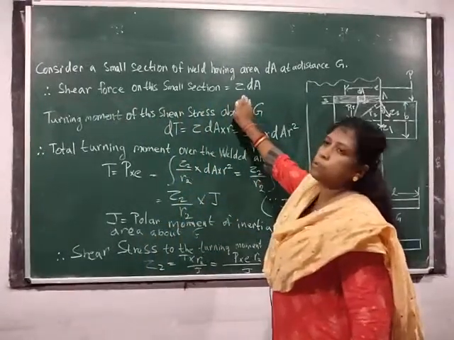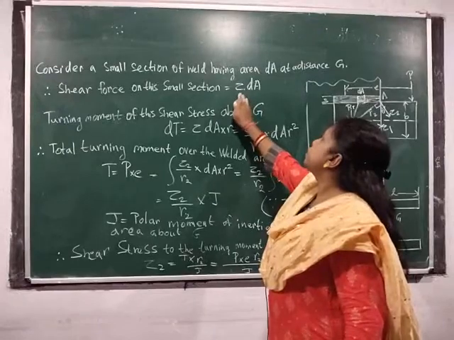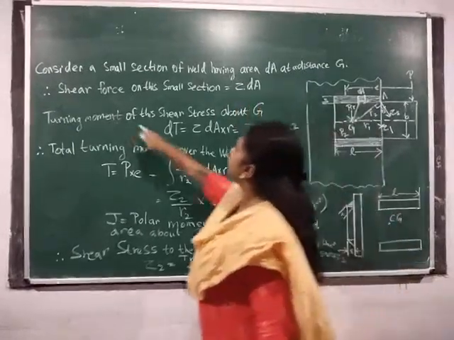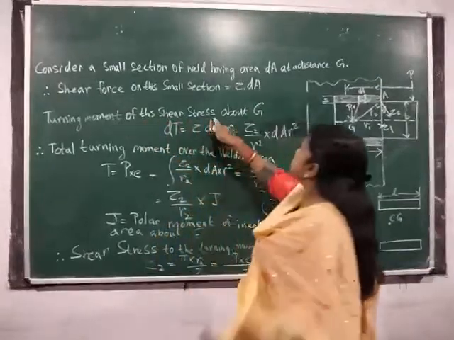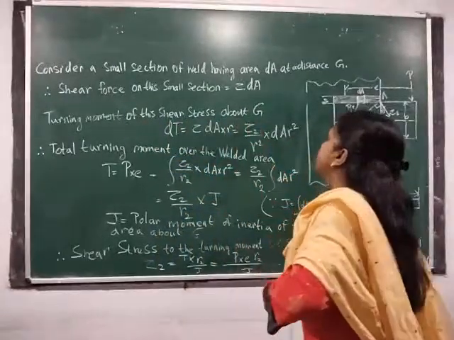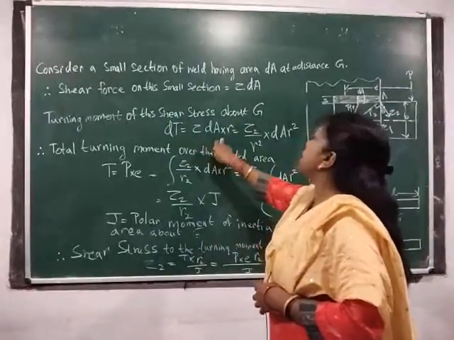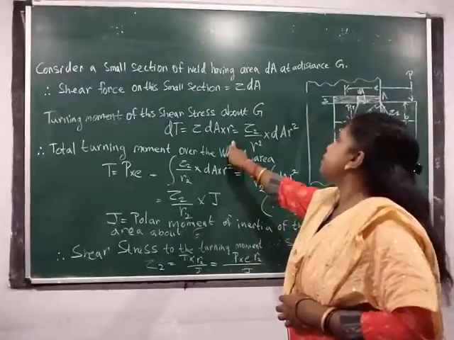Force is nothing but stress into area, tau into dA. Next, the turning moment of shear stress about G is given as tau dA into the distance, that is R.